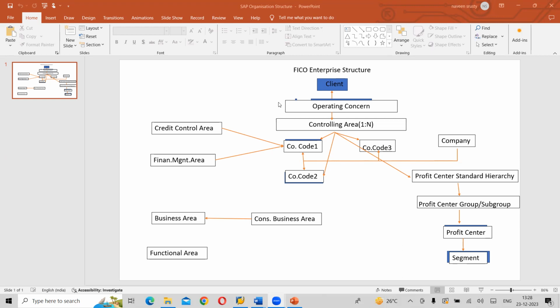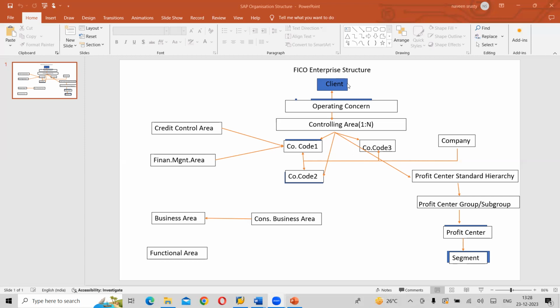In case we get an implementation project, we need to start from this particular organization structure onwards. First, we need to understand the client environment, how they maintain their structure, and in SAP we need to create their organization structure.